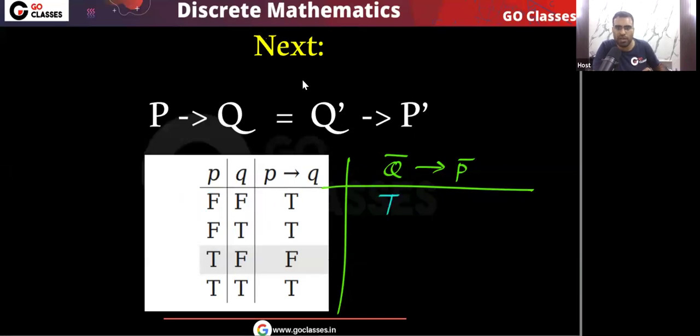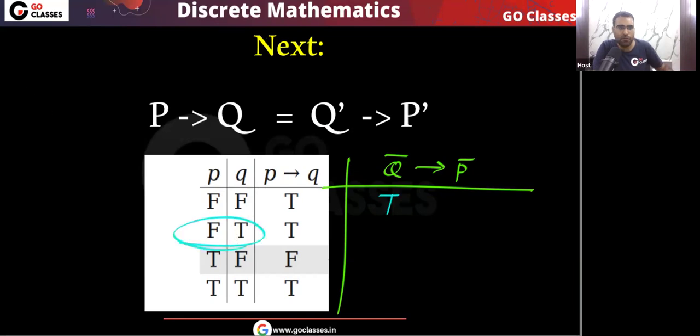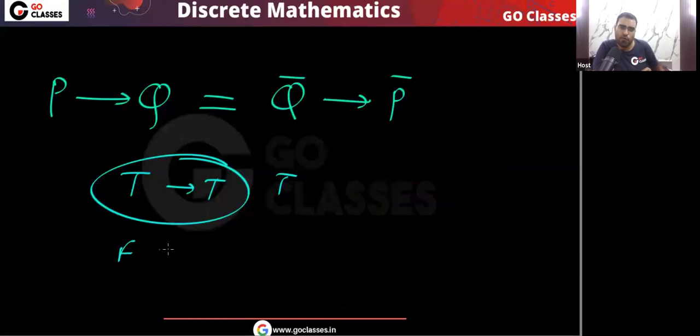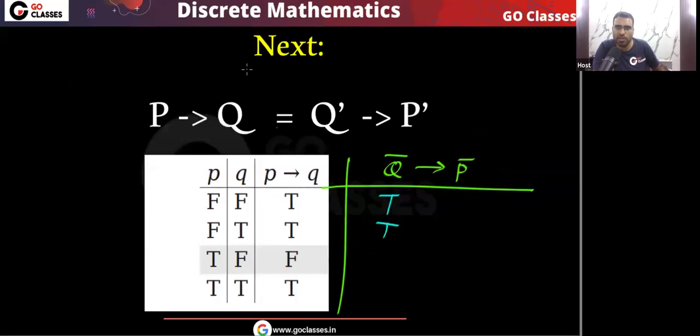Next, when P is false and Q is true, Q bar is false and P bar is true. False implies true is also true. So here also you will get true.